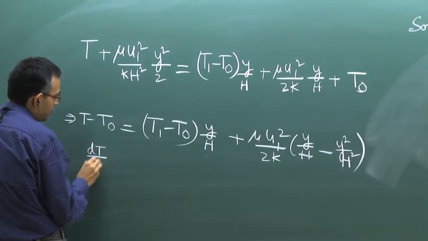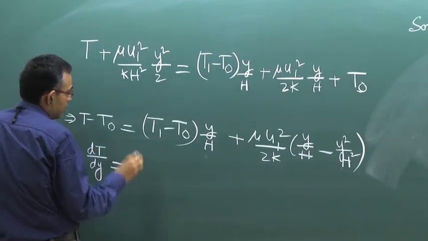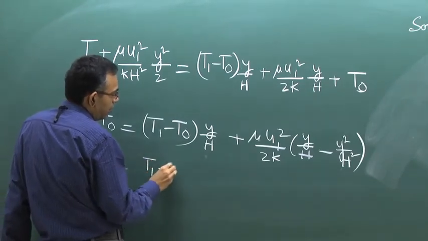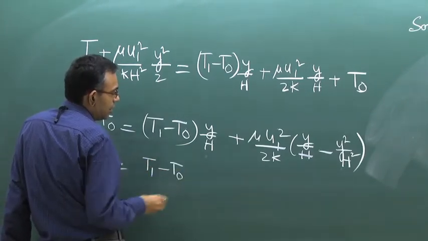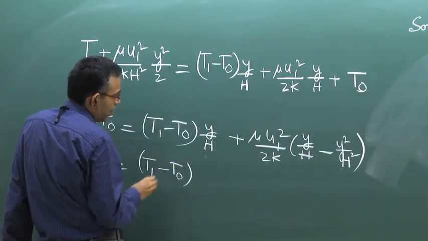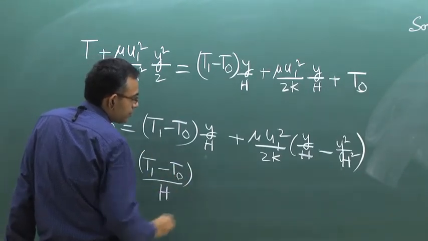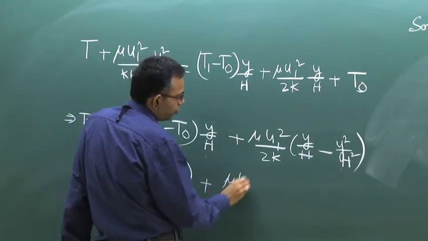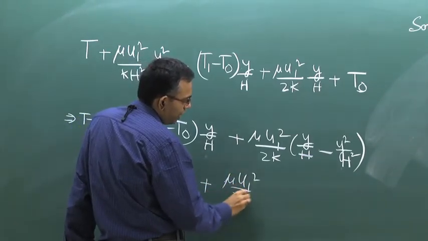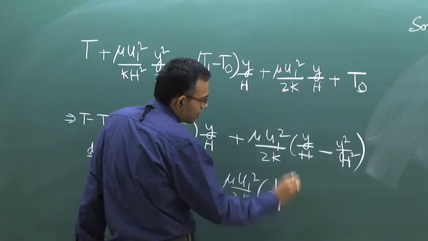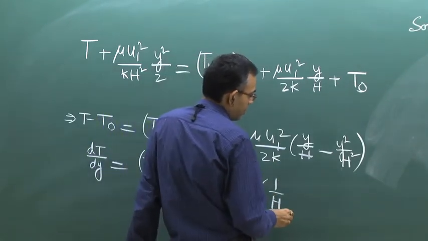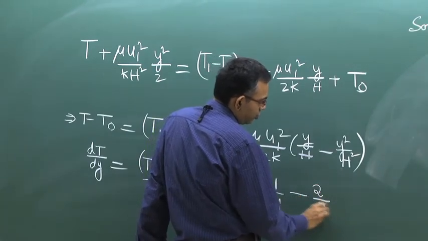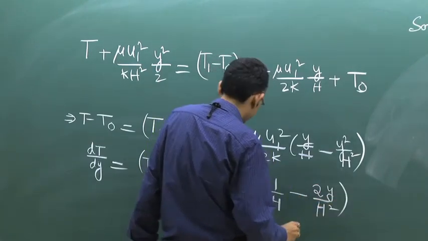So dT dy is (T1 minus T0) by H plus mu U1 square by 2k into (1 by H minus 2y by H square).